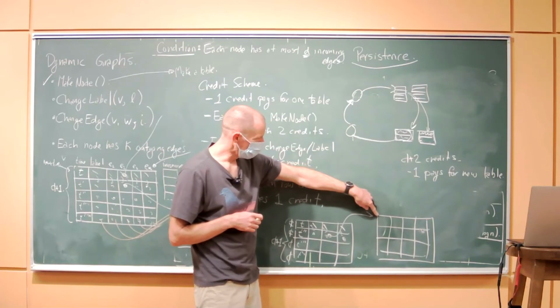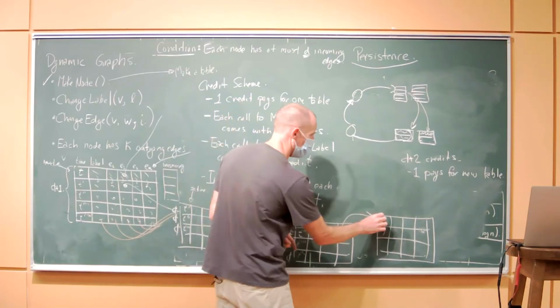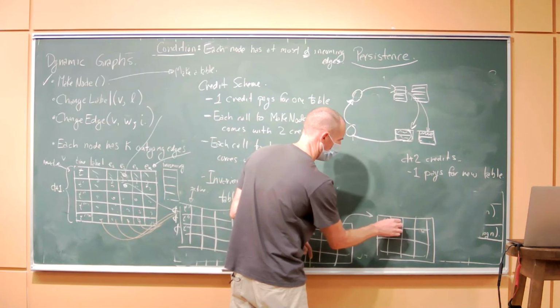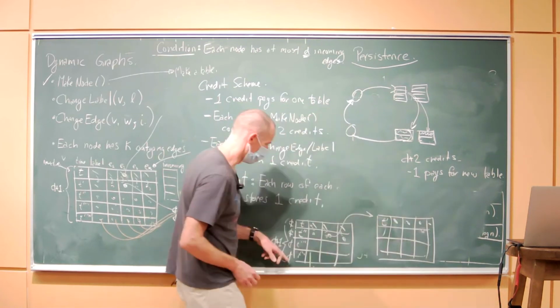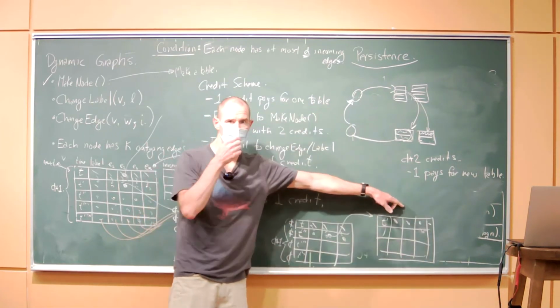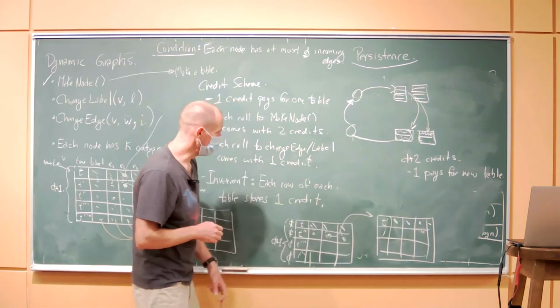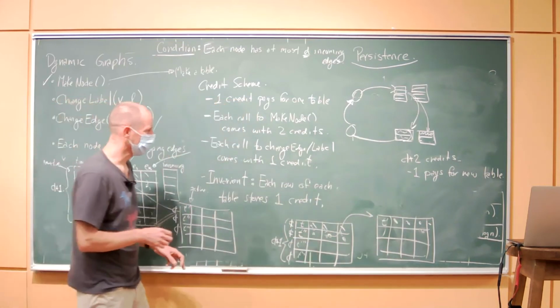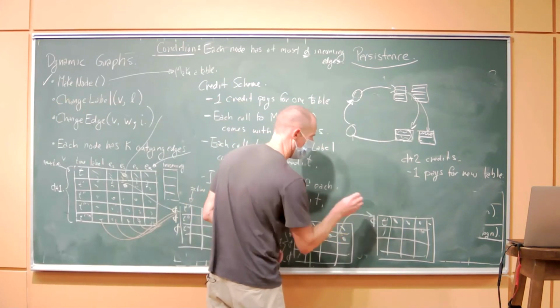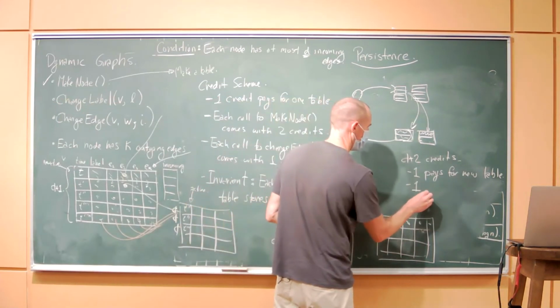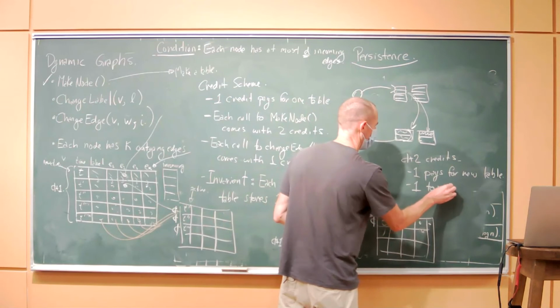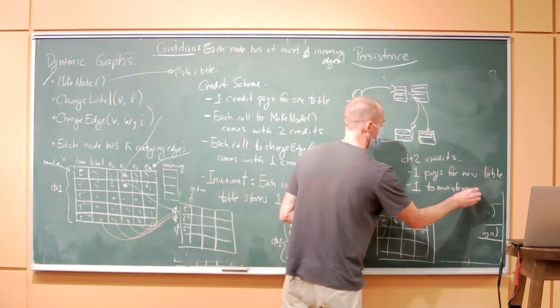This is active, and it has a first row with some values in it. We copied them from the last row of this table and then changed one of them. The credit invariant says we need to have a credit there. That's 1 to maintain the credit invariant.